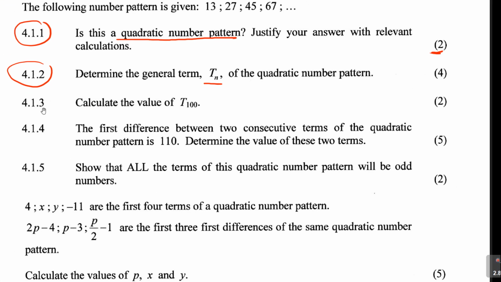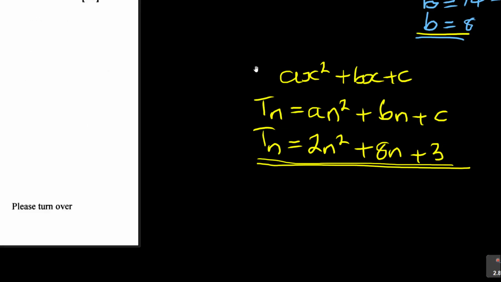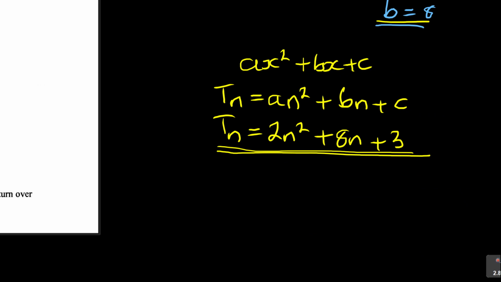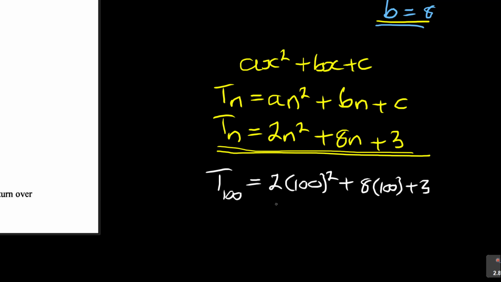Now 4.1.3, calculate the value of T100. The value of T100. So you come here to say, okay, you want me now to find T where there is N. You see there is 100. So it's 2 bracket 100 squared plus 8 bracket 100 plus 3. See how this thing goes.